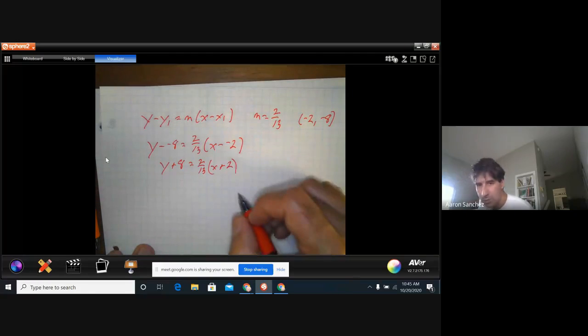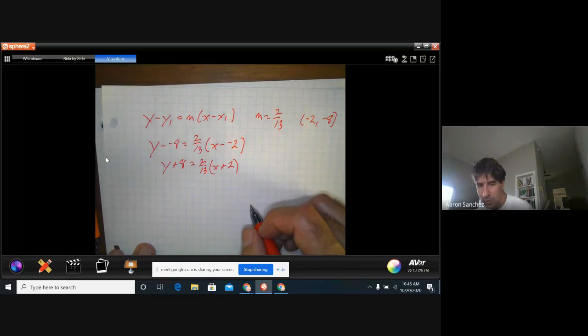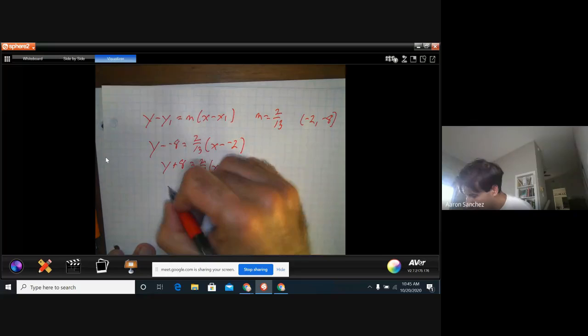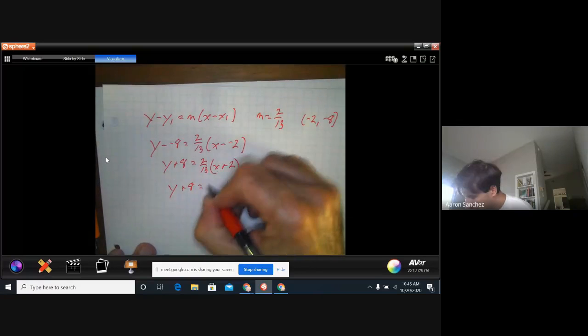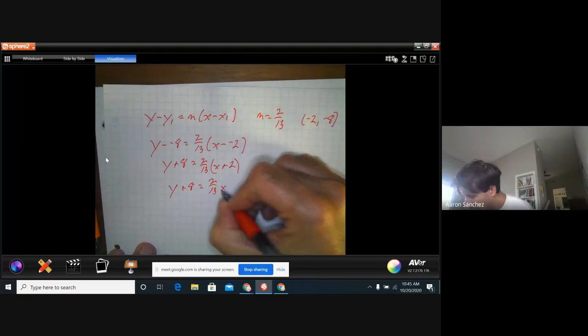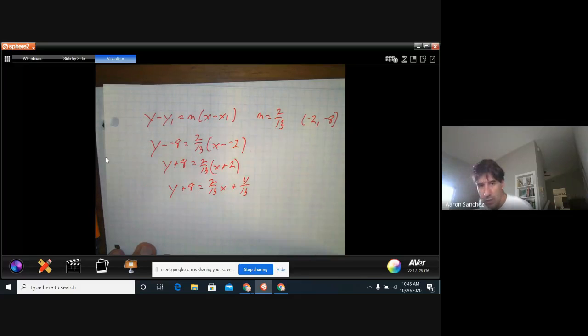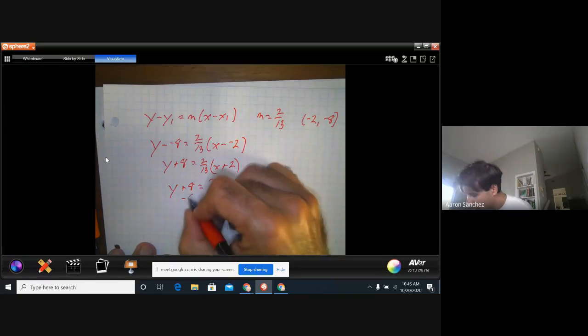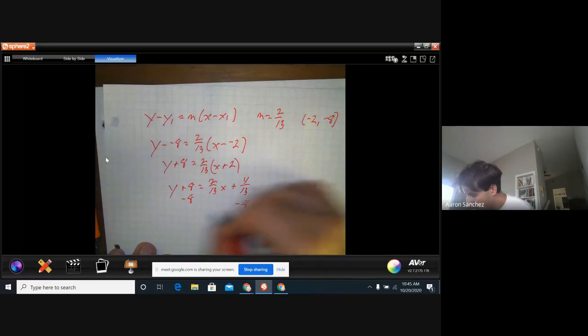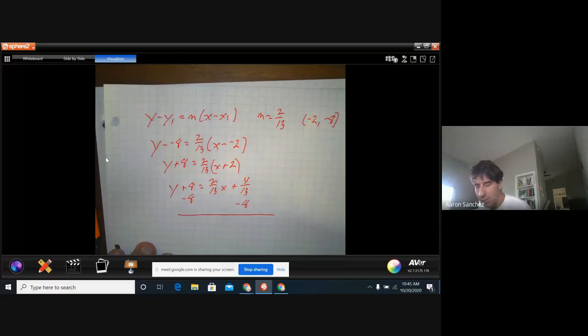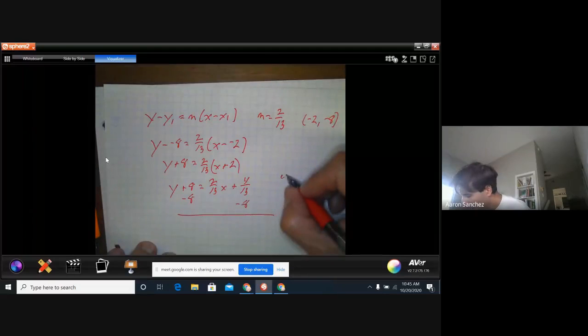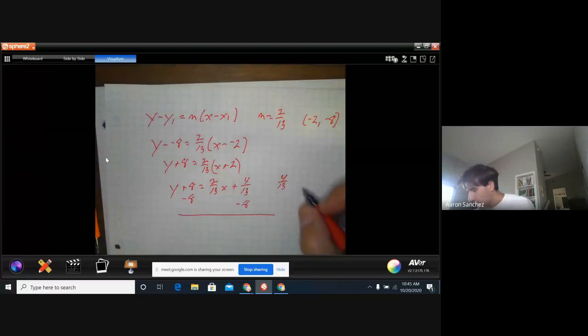Sorry about that. Don't forget the parentheses. Then I have to multiply the 2/13: 2 over 13 x plus 4 over 13. Then I take away 8. Oh my goodness. 4/13 minus 8. What's 8?